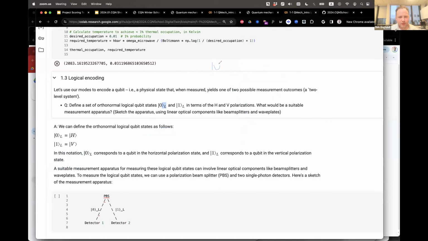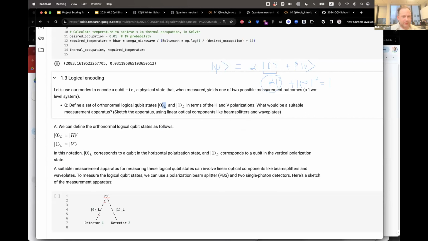So, for example, I gave you the state psi, and this state is some superposition of 0 plus 1, where the amplitudes are given by alpha and beta, where again you have the normalization requirement that the absolute value of alpha squared plus beta squared has to sum to 1. And how could you measure what the probability of measuring state 0 of this qubit is?